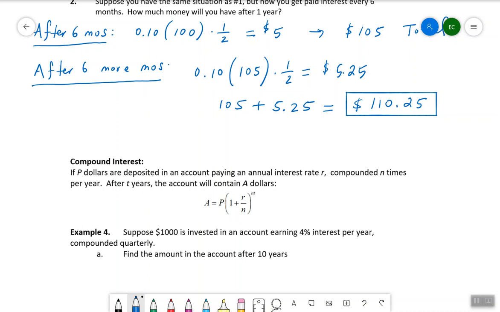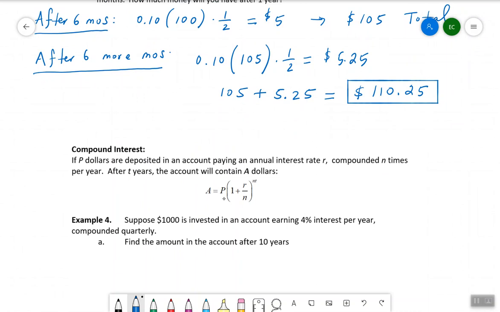So P is the initial amount, sometimes called the principal. A is the future amount, or sometimes called the future value. R is the interest rate. N is the number of times the interest is compounded, and T is the time in years.